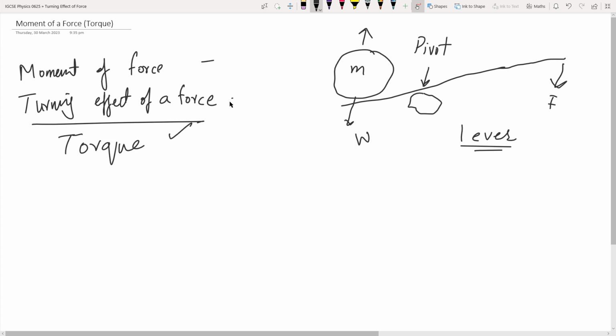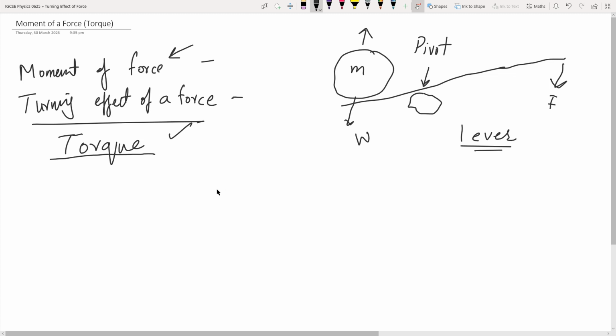Moment is the term that only Cambridge is using. Usually in American examinations or IB, you will see the term torque. Why? Because when we assess engine power, we discuss torque, that this generates this many newton meters of torque. So what is moment of a force?